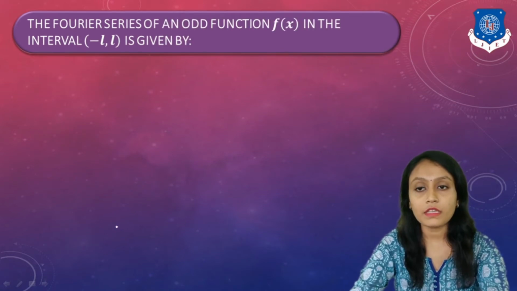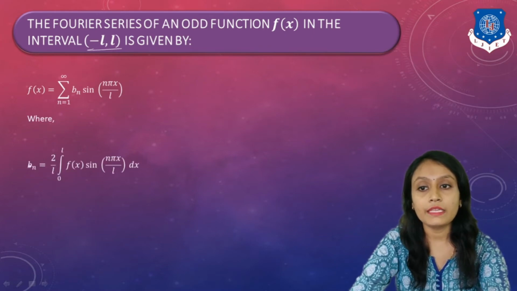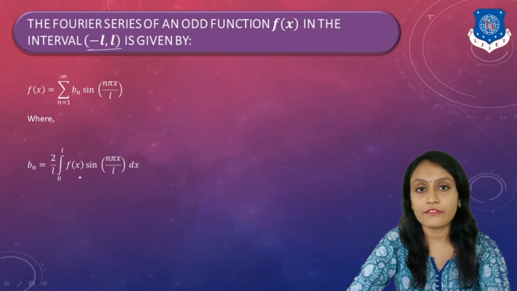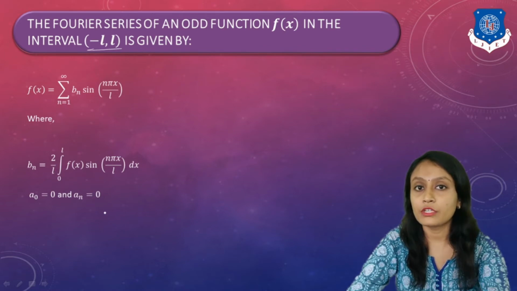Next, the Fourier series of an odd function in the interval minus L to L. Okay, so here the f(x) formula will be summation n from 1 to infinite bn sin n pi x upon L, and the bn will be 2 upon L integration 0 to L f(x) sin n pi x upon L dx, and a0 and an will be equal to 0.